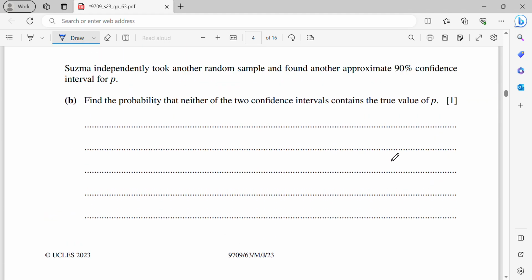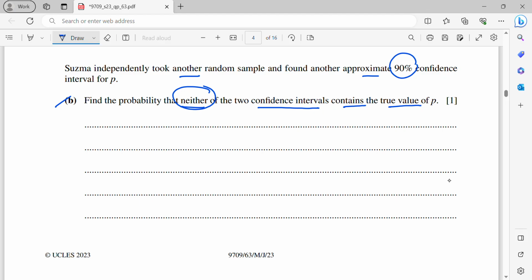Okay, so now Susma independently took another random sample and found another approximate 90% confidence interval for P. Now B, find the probability that neither of the two confidence intervals contains the true value of P. Okay, not both. What is the probability that both confidence interval do not contain the true value of P?